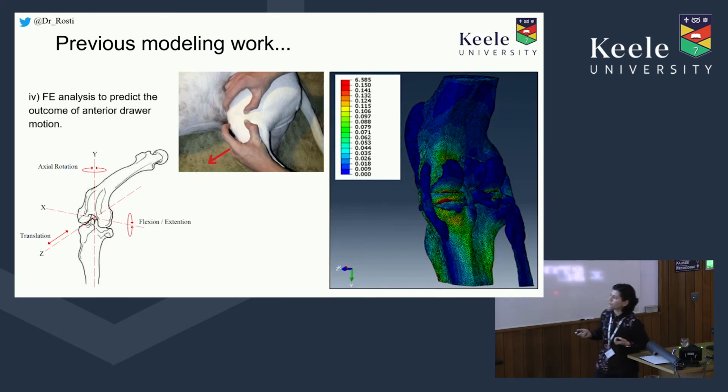She was trying to test what we call an anterior translation. So you basically hold the top of the bone and try to move it forward and see how it moves. So I applied that exact loading into my model, and I looked at how the stress is distributed, which ligament is causing a lot of problems, and predicted the outcome of it.